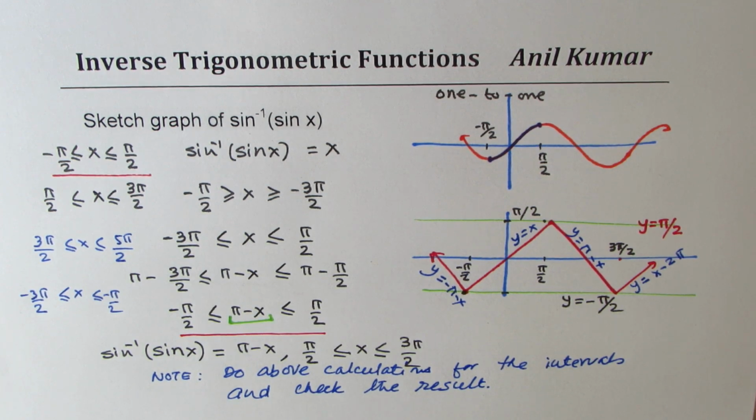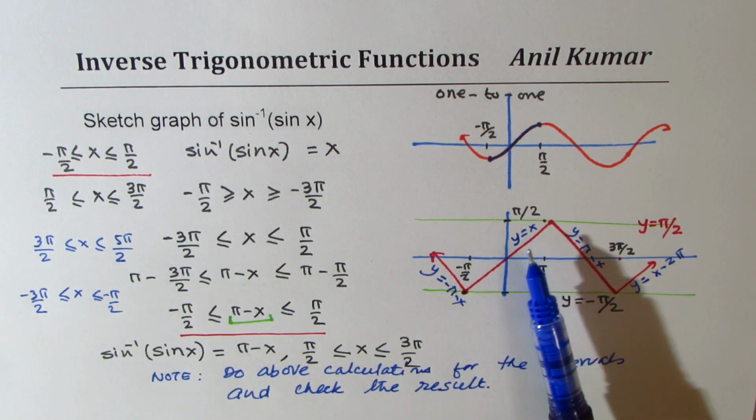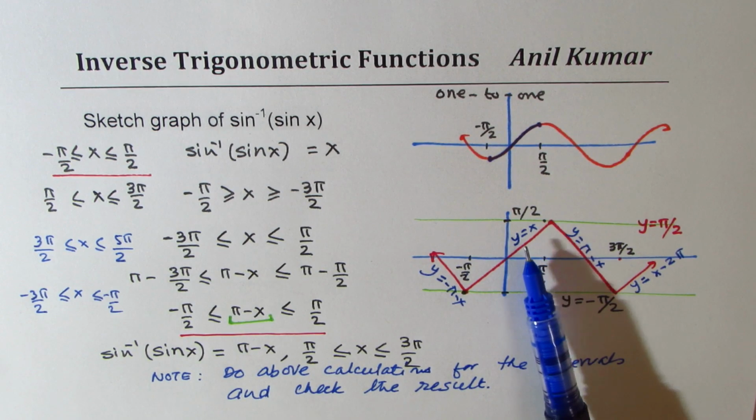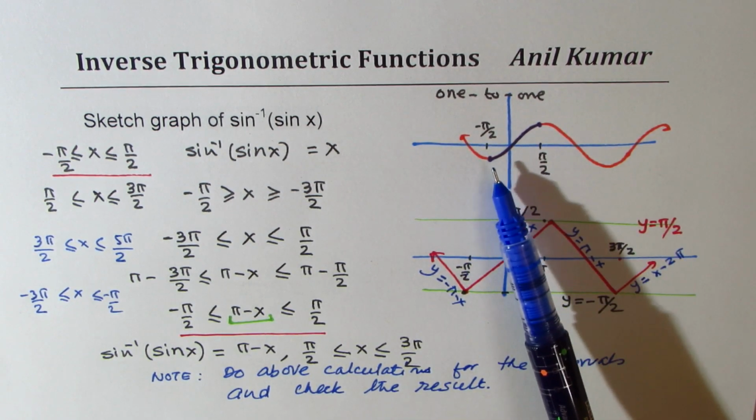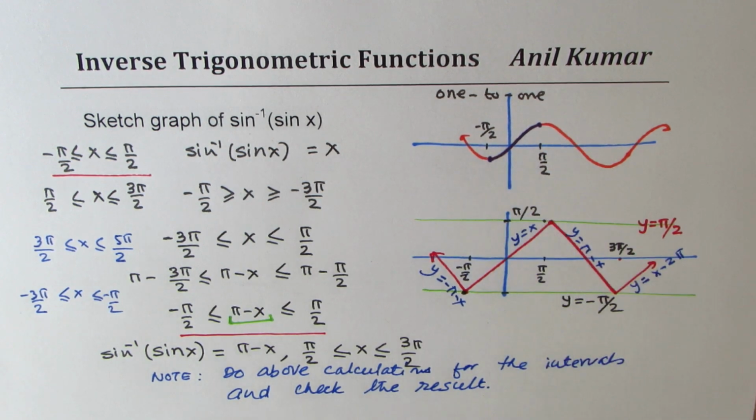So I hope it is absolutely clear. Now this particular graph which you see here, y equals x, holds only when the interval is between minus pi by 2 to pi by 2, since sine x is a one-to-one function within this interval, correct?